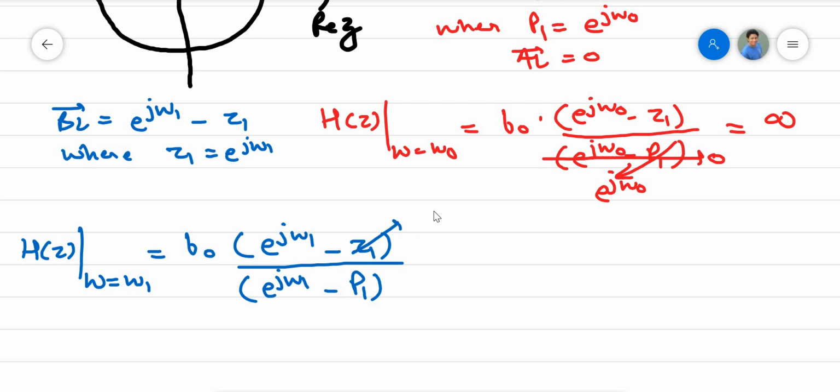Now this z1 is equal to exponential j omega 1 for this frequency, so this term goes to 0, so H(z) will be equal to 0.